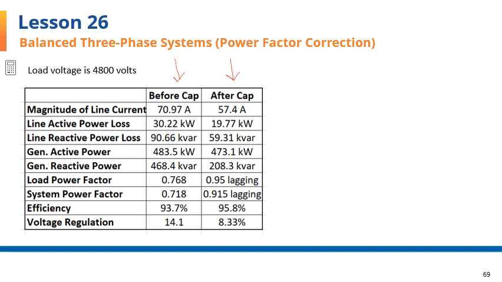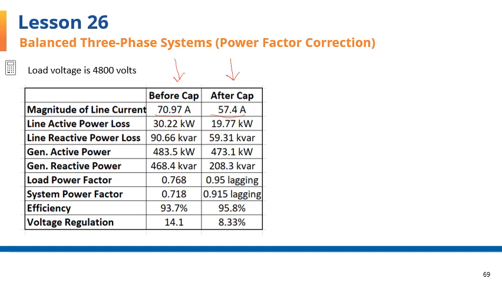The first thing to notice is the magnitude of the current that has gone down from about 71 amps to roughly 57 amps. Because power changes with the square of current, you can see that the line losses have gone down considerably.